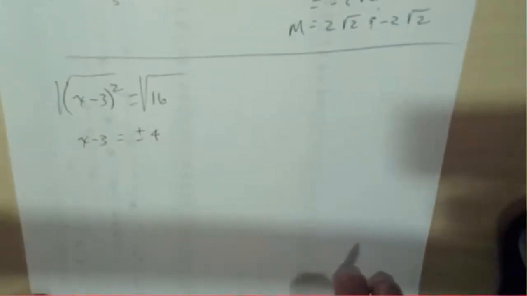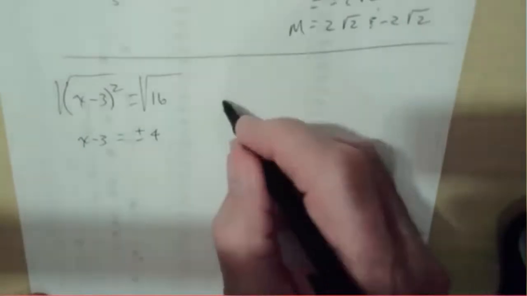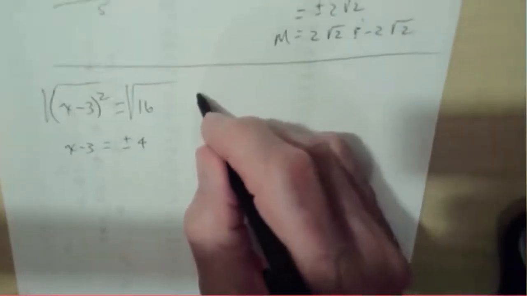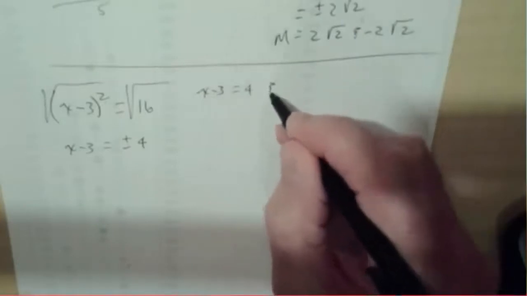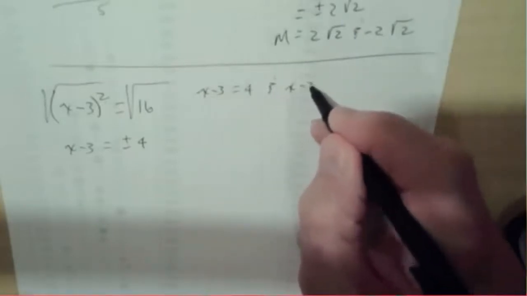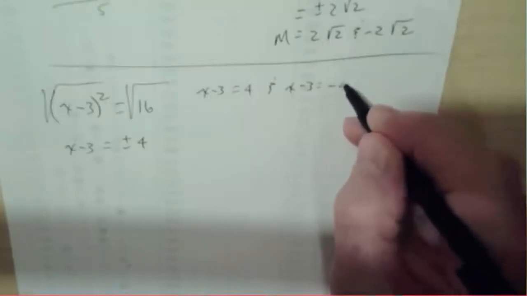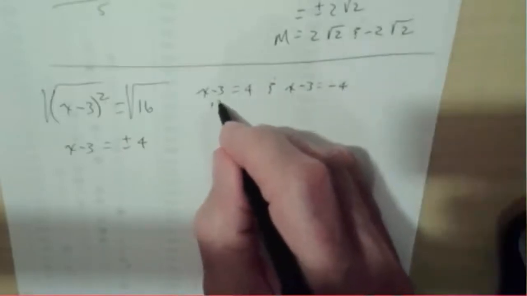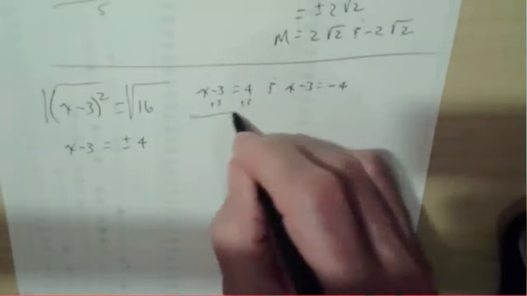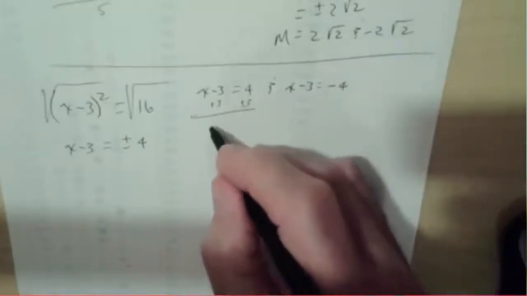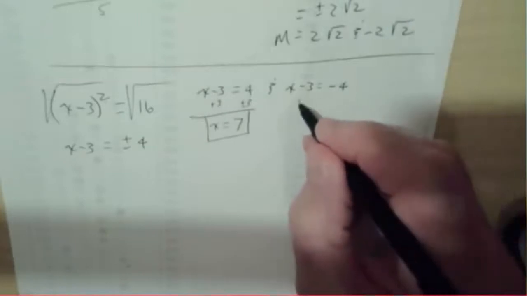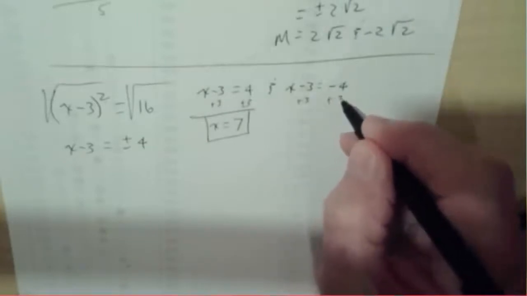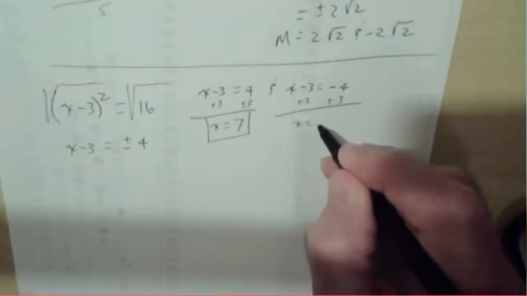So we have two possibilities. We have x minus 3 equals 4 and x minus 3 equals -4. So we're going to add 3 to each side here and here. So x will equal 7. Add 3 to each side, and x equals -1.